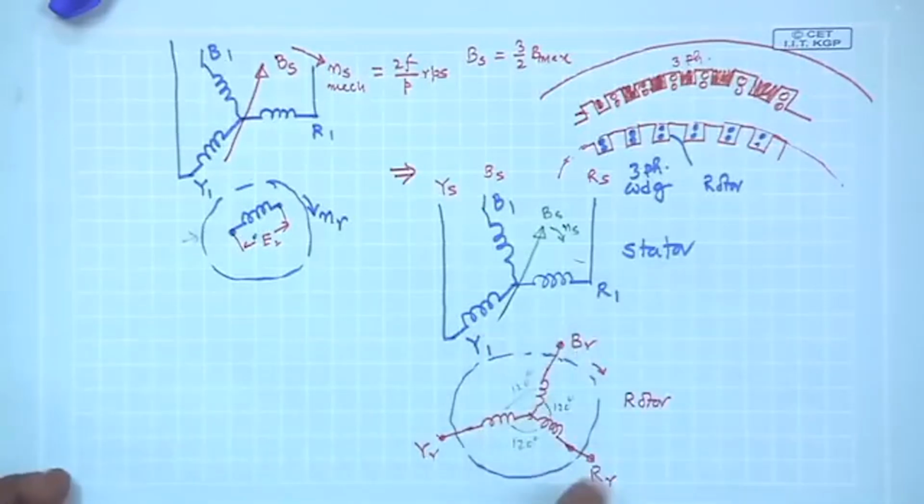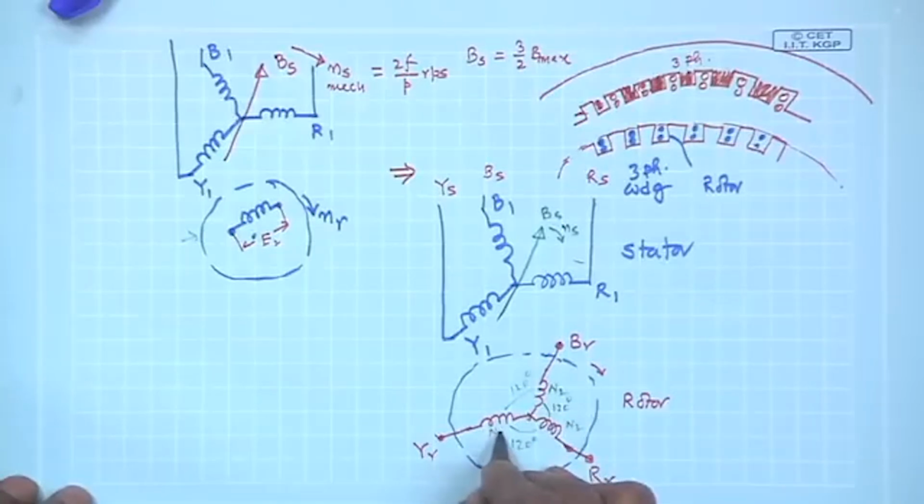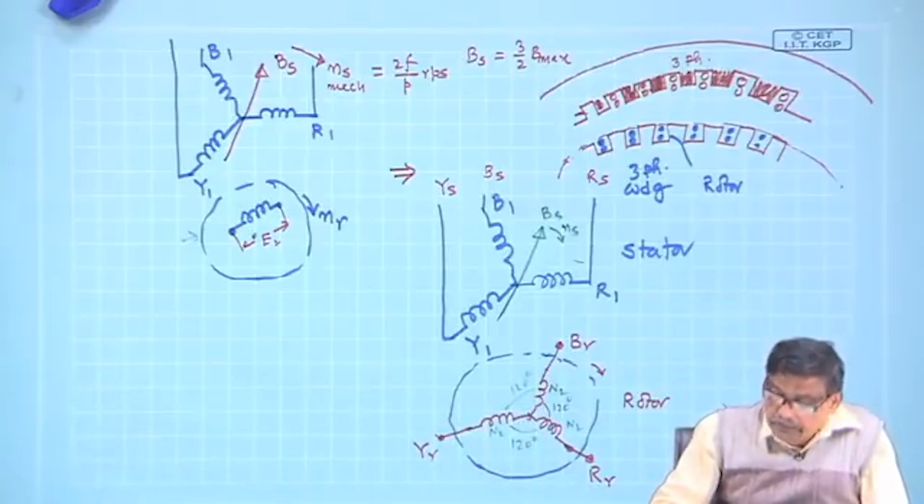Therefore, each coil will become a seat of EMF, and since it is balanced winding, number of turns of the secondary coils are suppose N2, N2, N2 per phase, then there will be induced voltage in this coil, in this coil, in this coil, and RMS value is expected to remain same. Why it should change?